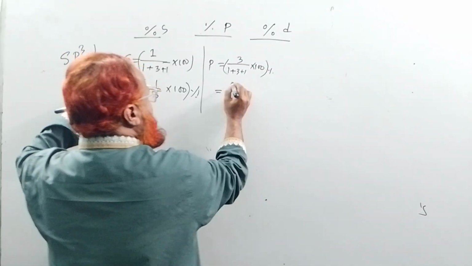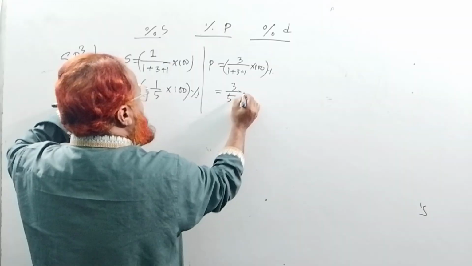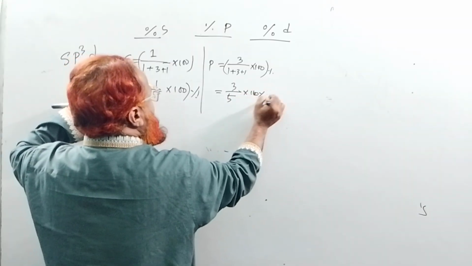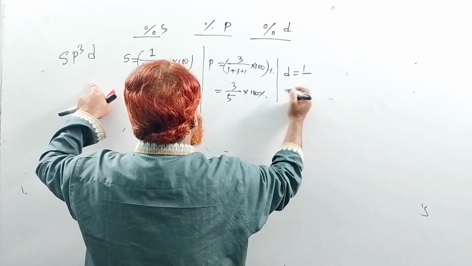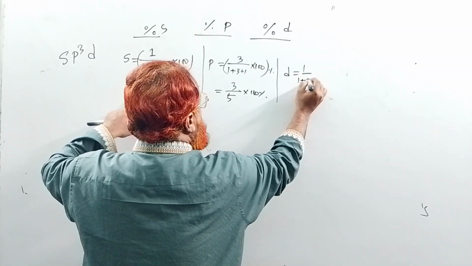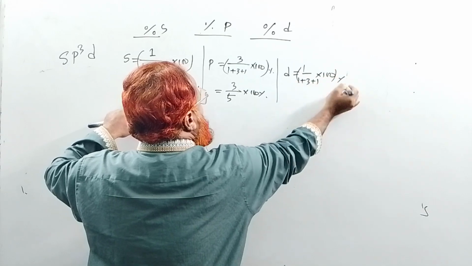Now we will calculate: 3 by 5 times 100%. Now finally for the d calculation, d is 1 over 1 plus 3 plus 1, times 100%. Now do the calculation, my dear student.